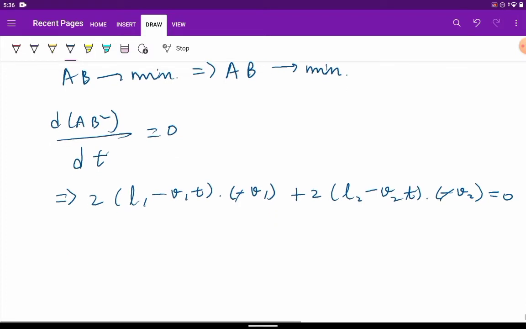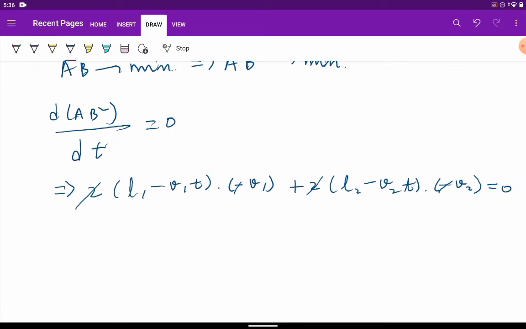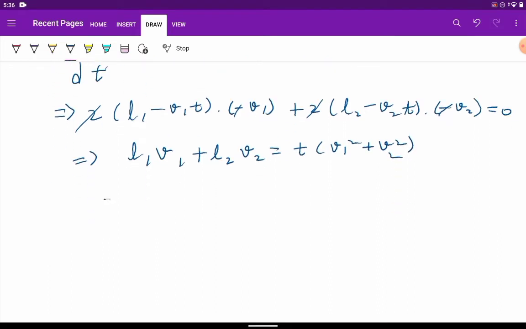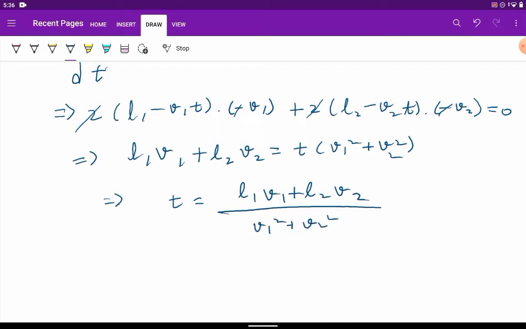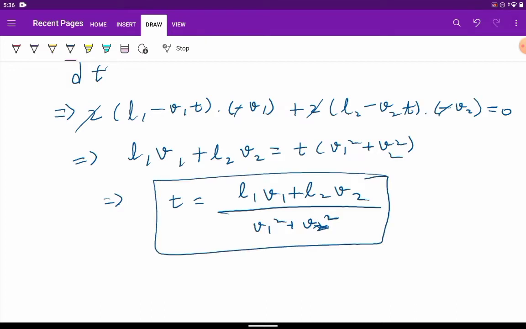Minus minus cancels out, 2 cancels out, this becomes L1 V1 plus L2 V2 equals t times (V1 square plus V2 square). This means time taken is (L1 V1 plus L2 V2) divided by (V1 square plus V2 square). This is basically the instant of time when the distance is minimum.